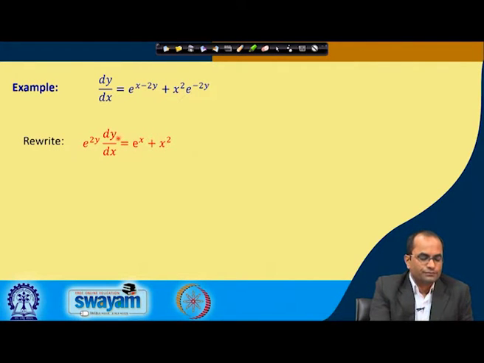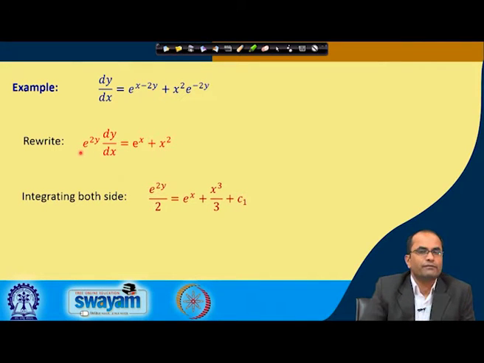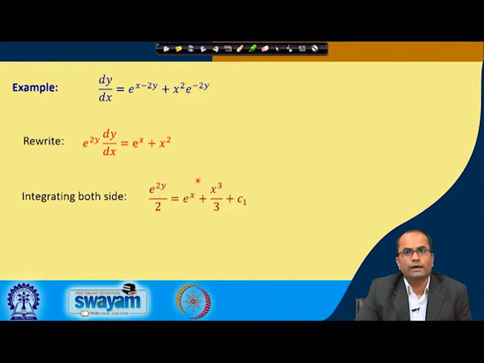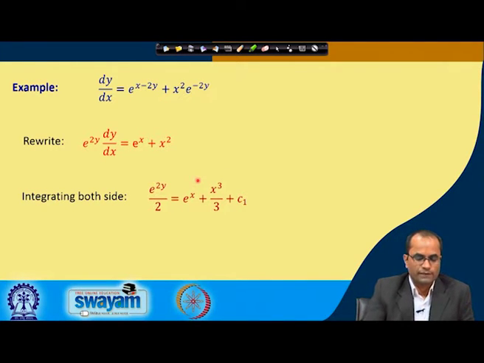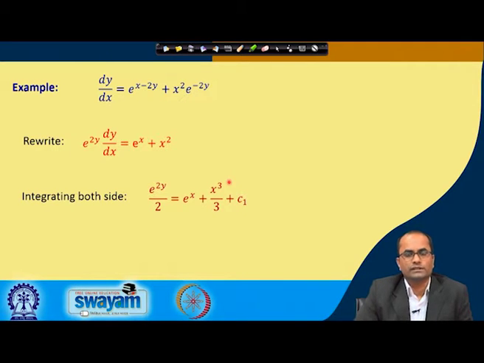Integrating e power 2y we get e power 2y divided by 2. On the right hand side, e power x gives e power x, the exponential function remaining as it is, and x square becomes x cube by 3, plus one constant of integration which we call c1.